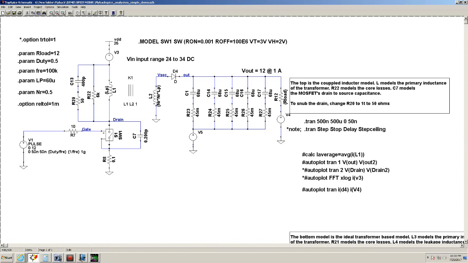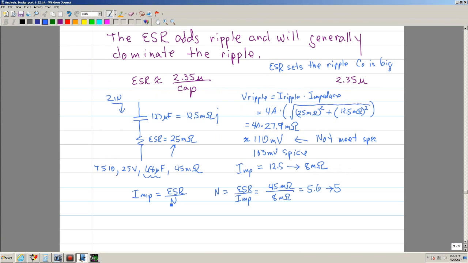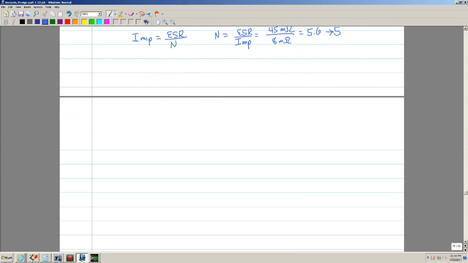Okay, so before we do, let's see what we have. Basically we've connected 5 capacitors, 1, 2, 3, 4, 5.